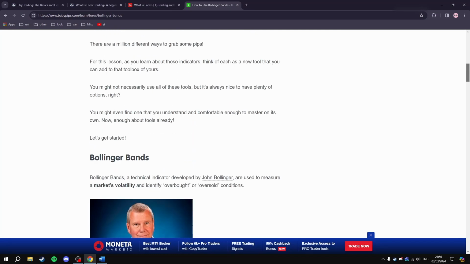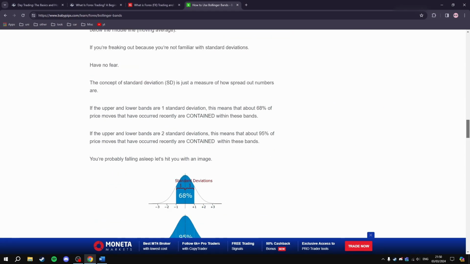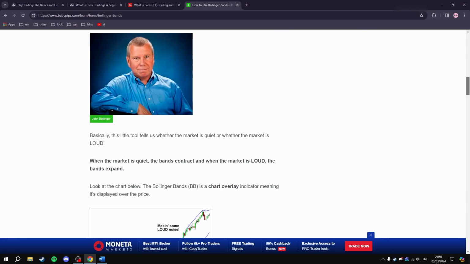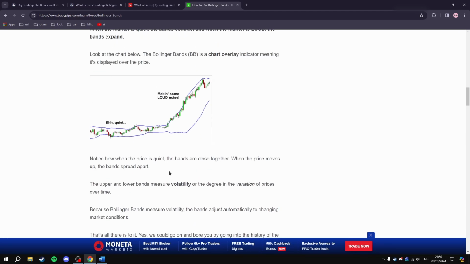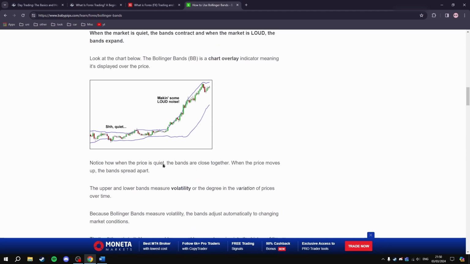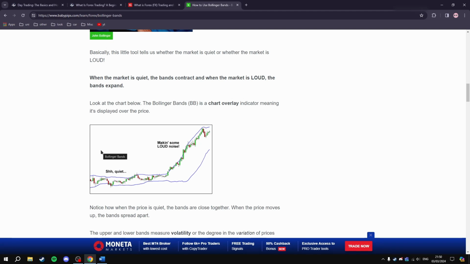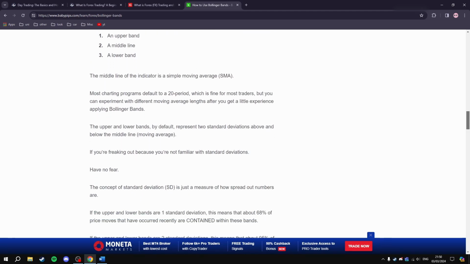The bands are contracting and expanding. When the market's quiet, the bands are close together. When the market is loud, the bands spread apart. So if the market is really volatile, then the bands spread apart. But if it's not so volatile, then the bands contract closer together.